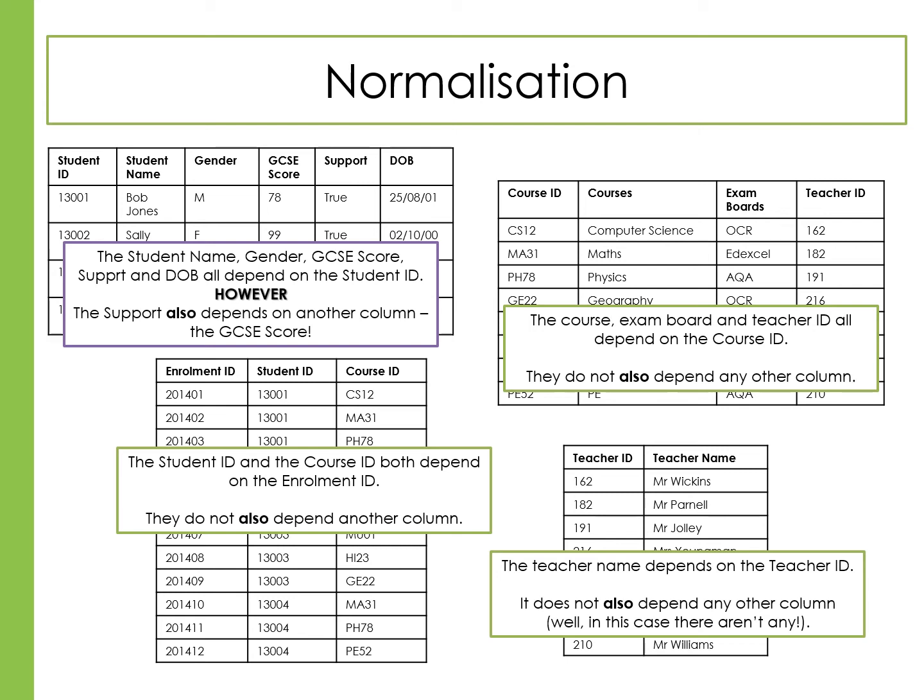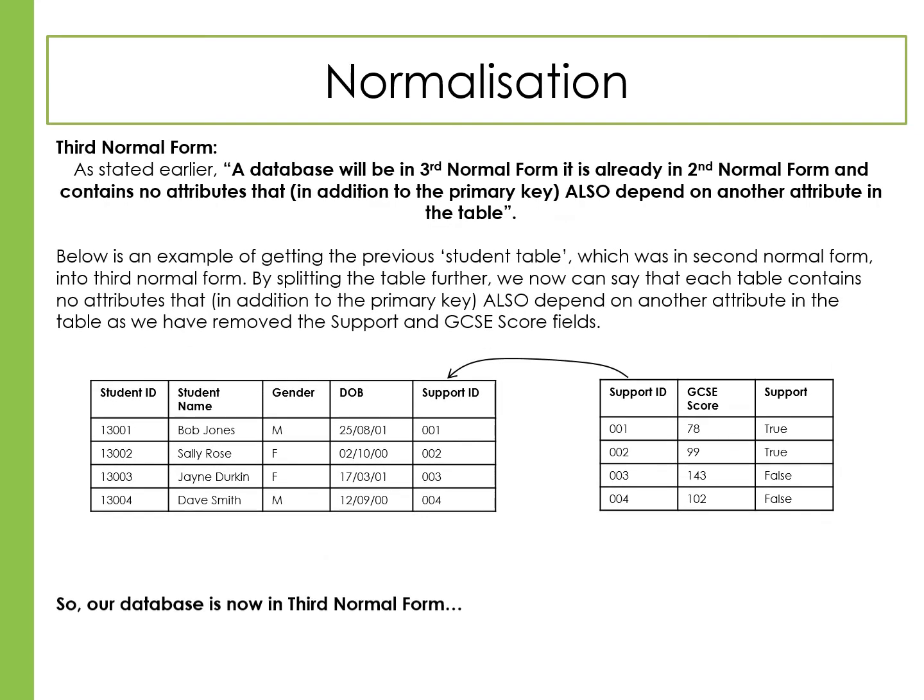So these two are related to each other and means that support will be linked to GCSE score. So this is not in third normal form. So remember our definition. A database will be in third normal form if it's already in second normal form and contains no attributes in addition to the primary key, remember, that also depend on another attribute in the table.